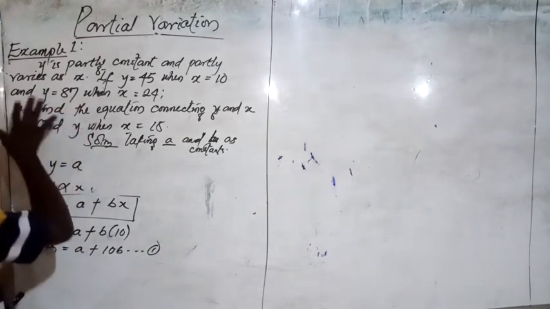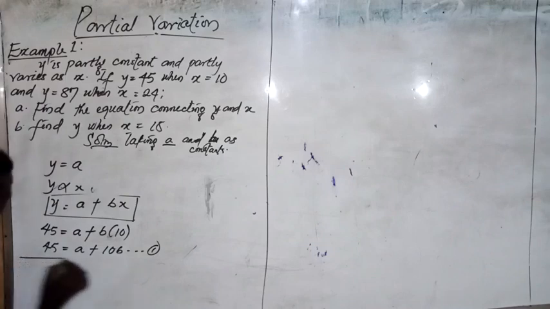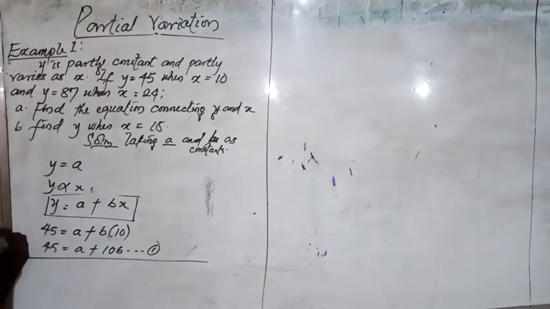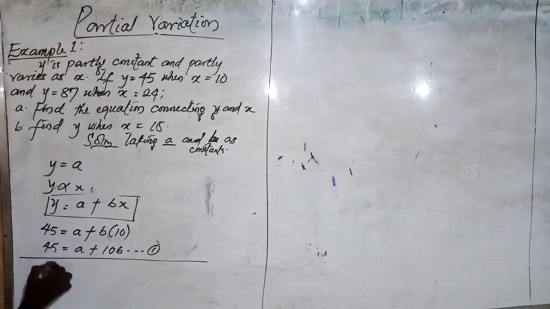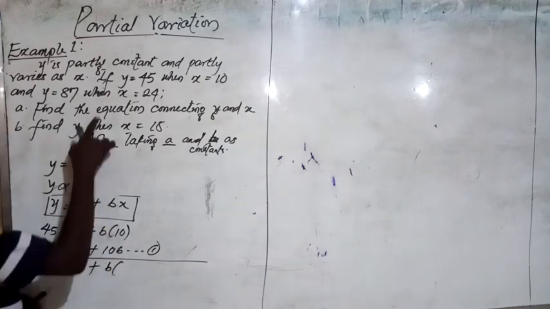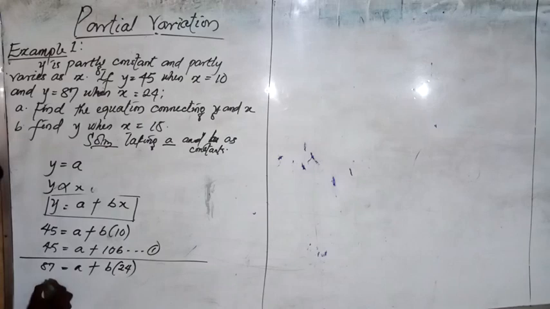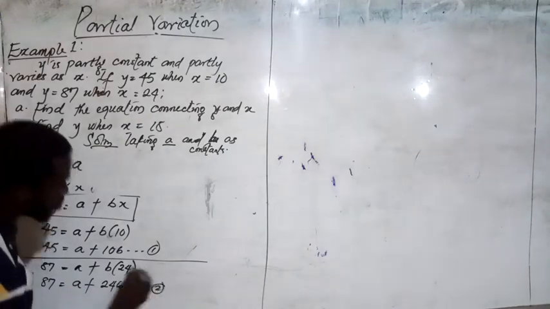Then we'll go further. It says, and y equals 87. So we can separate that and say y is 87. We plug in 87 equal to a plus b into bracket, when x is 24. So 87 is equal to a plus 24b, and this becomes equation 2.